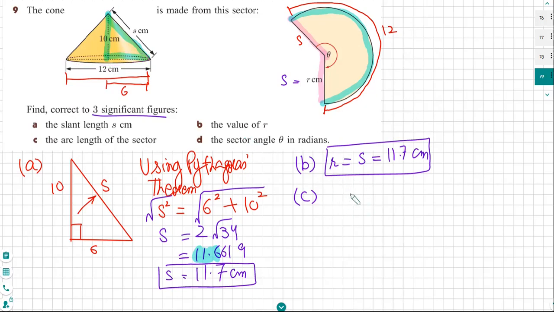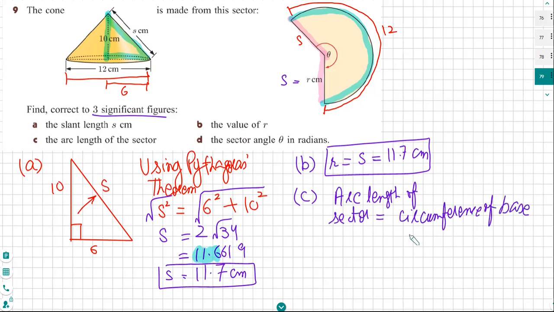So in part C, I'm finding the circumference, or we can say the arc length of the sector equals the circumference of the base of the cone. Obviously its circumference is 2 pi r. 2 into pi.